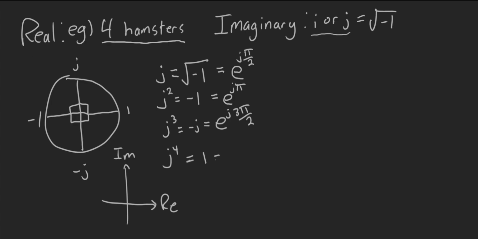And in terms of the unit circle, that's equal to e^(j0), because we don't have to move to get to 1, basically. And it should be known that any number to the power of 0 is equal to 1. So a general trend here is that every time we raise j to a new power, like 2, 3, and 4, we move it by 90 degrees each time.